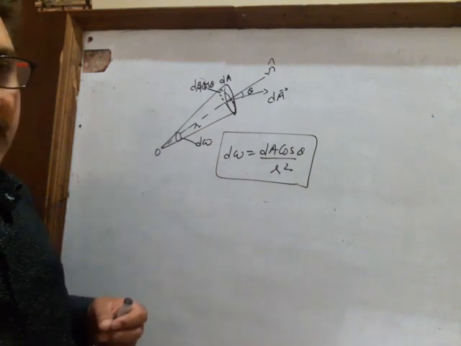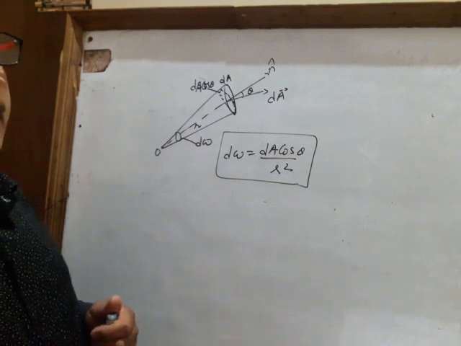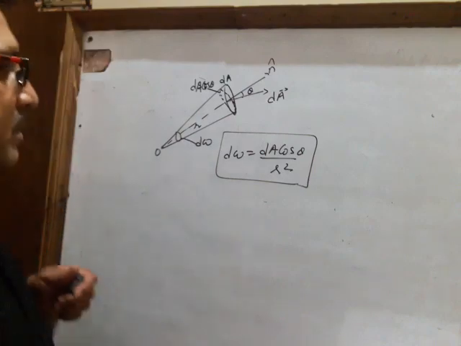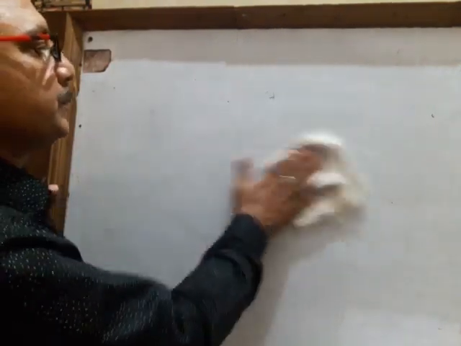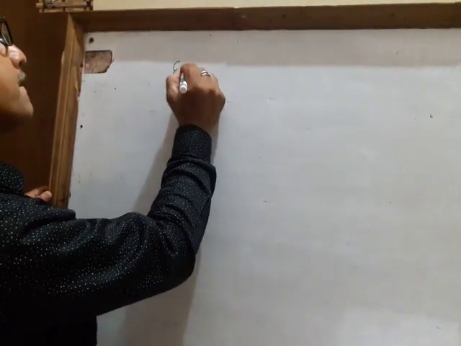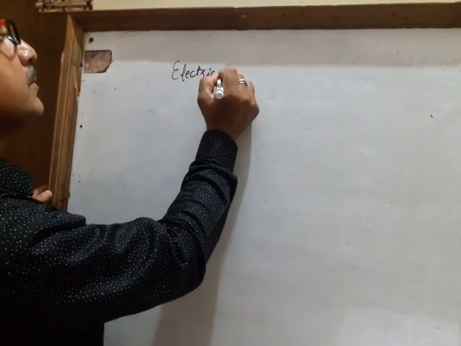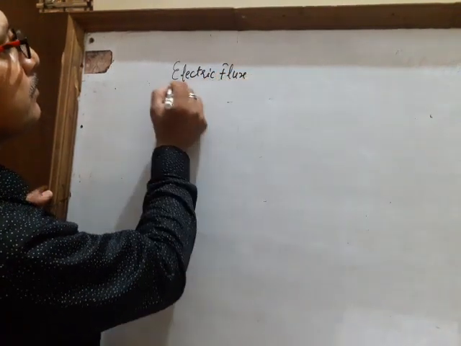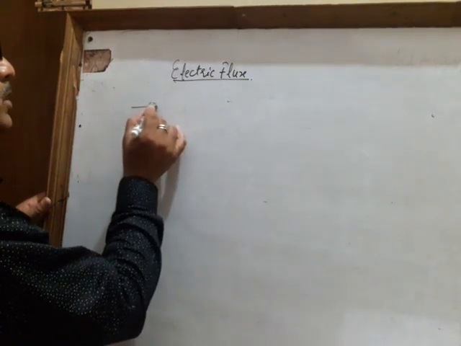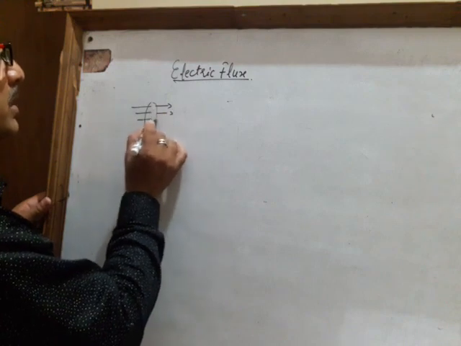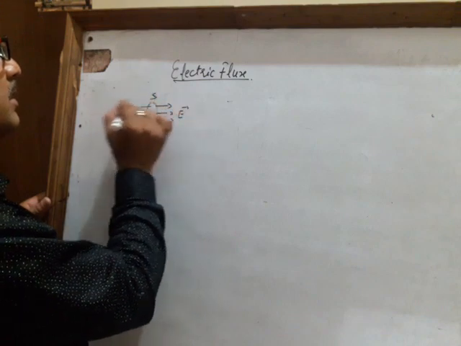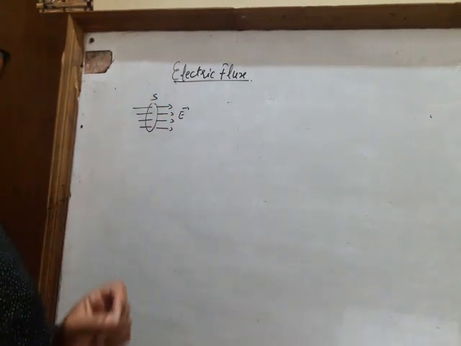So this is about the solid angle, and now we come to the topic electric flux. Please note down, students, what is electric flux. The total number of electric lines of force which are passing through unit area placed in the electric field is known as electric flux.